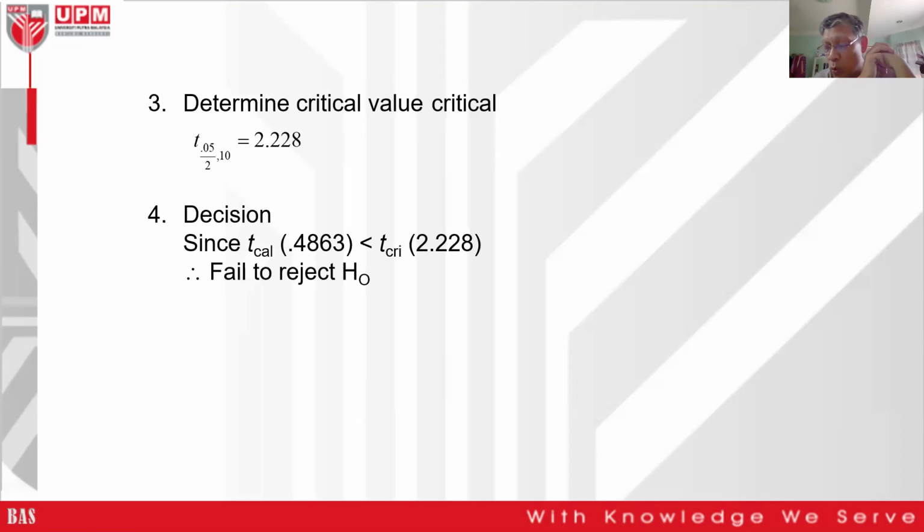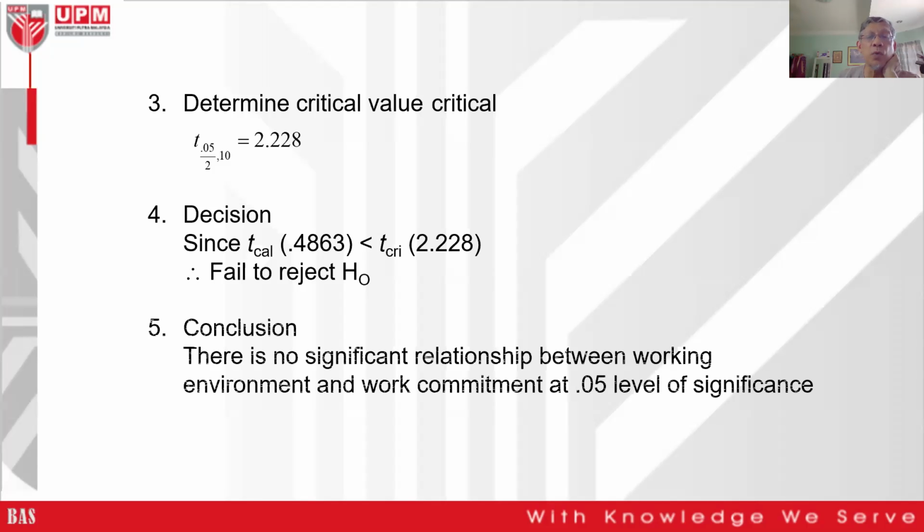When we fail to reject H0, what can we conclude? The conclusion here is there is no significant relationship between working environment and work commitment at 0.05 level of significance. What we can see here is basically your working environment doesn't really lead towards higher work commitment.